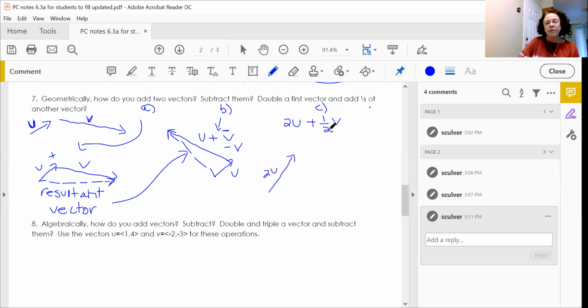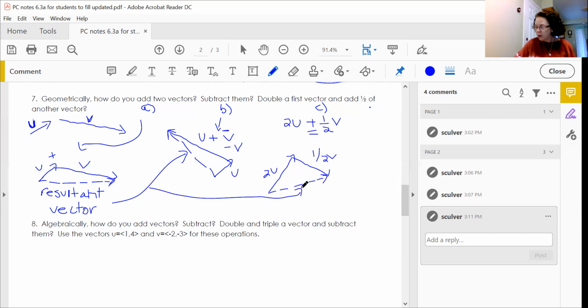When I take 1/2 of V, I'm going to add it, so I'm going to put it onto the tail of 2U. V, I will keep in the same direction, but make it 1/2 as long. Here's 1/2 of V. And my resultant goes from the initial point of 2U to the tail of 1/2 V.